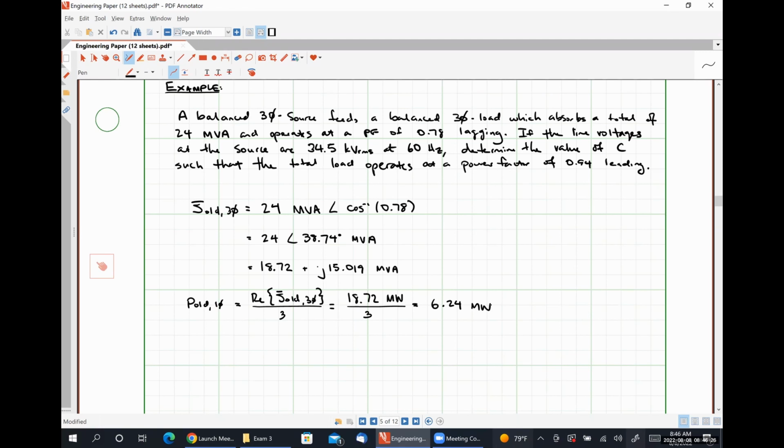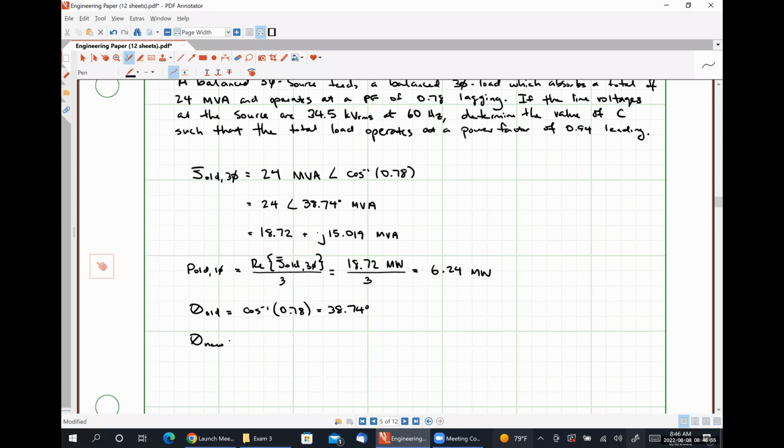All right. Theta_old is going to be the inverse cosine of 0.78, which is our old power factor. We know that is going to be 38.74 degrees from a moment ago.